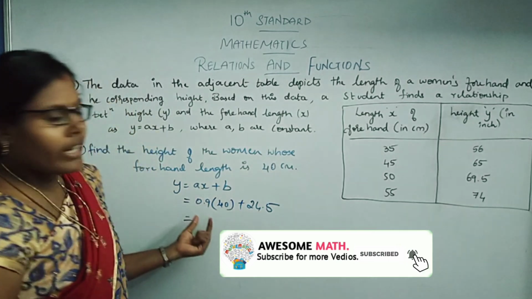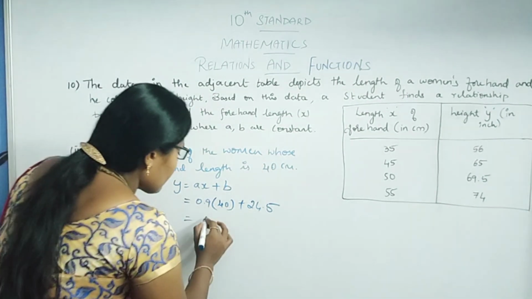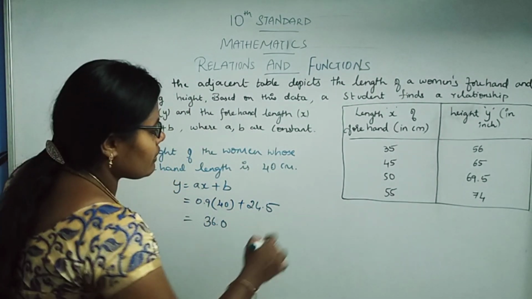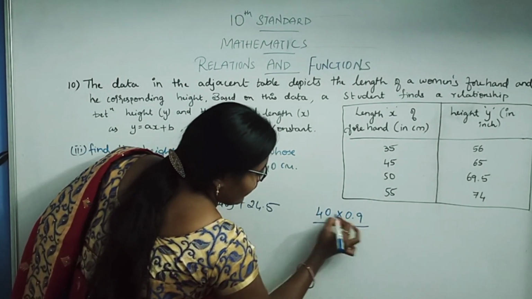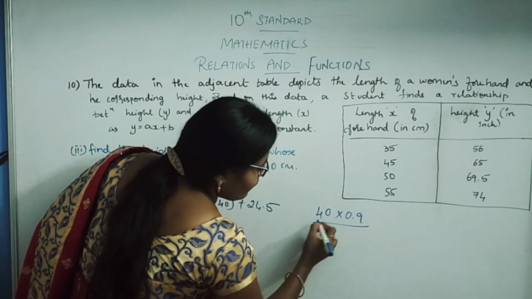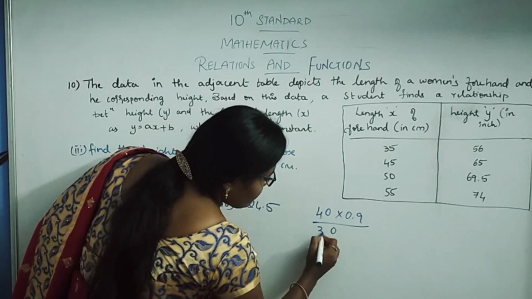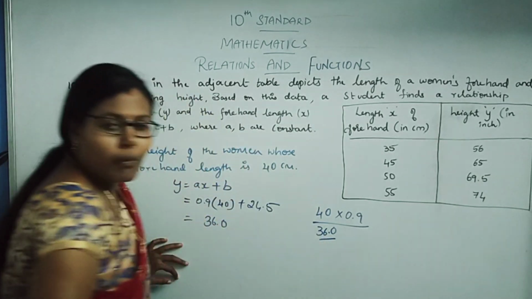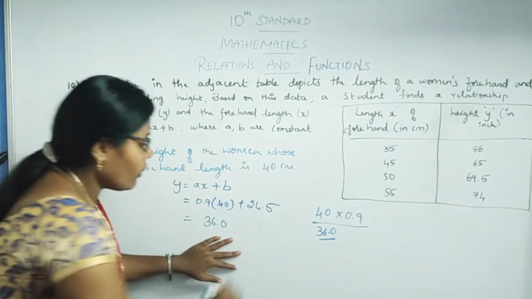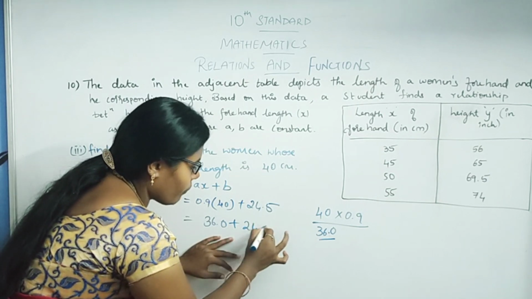So what is 0.9 into 40? It is 36.0. Check here: 9 into 0 is 0, then 9 into 4 is 36. After one digit you keep a point, so it is 36.0. Plus 24.5.